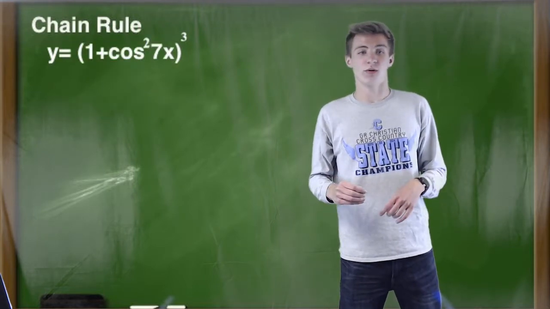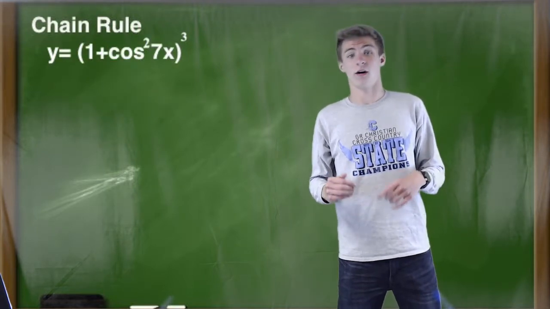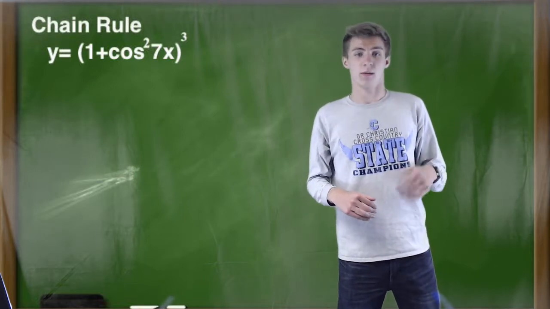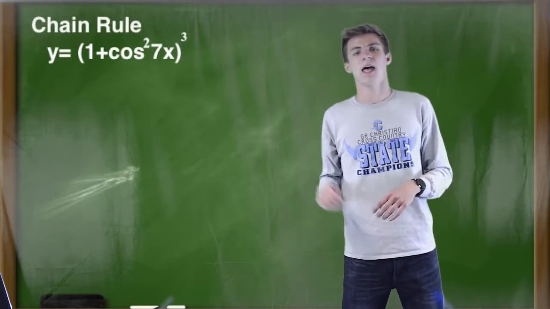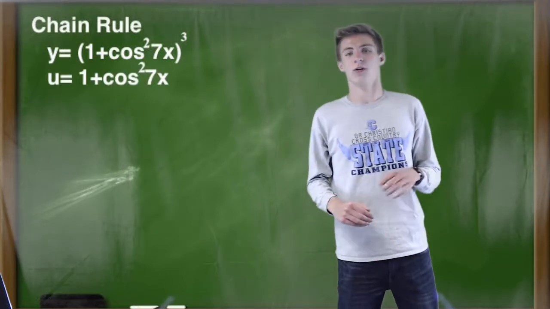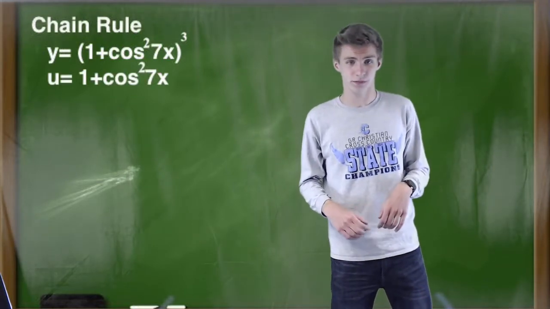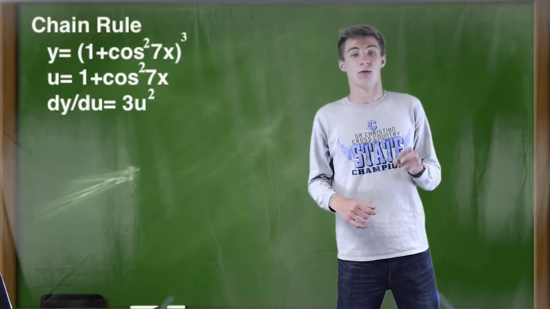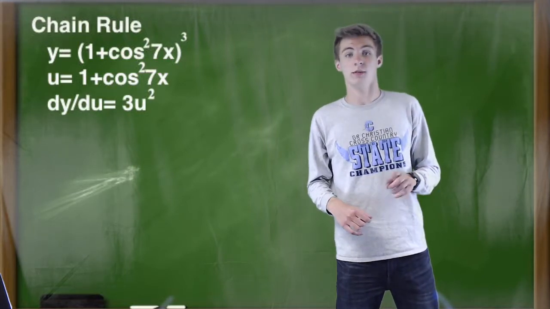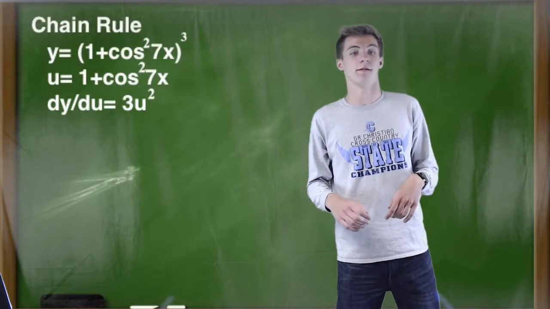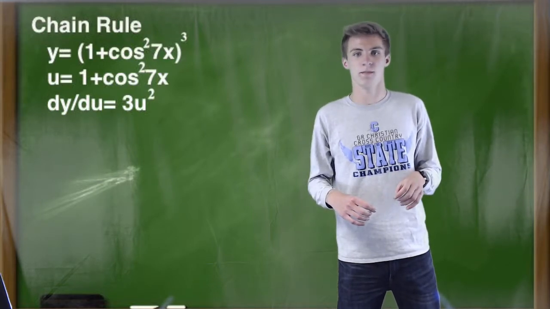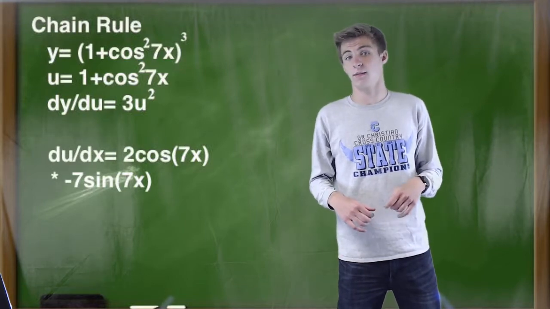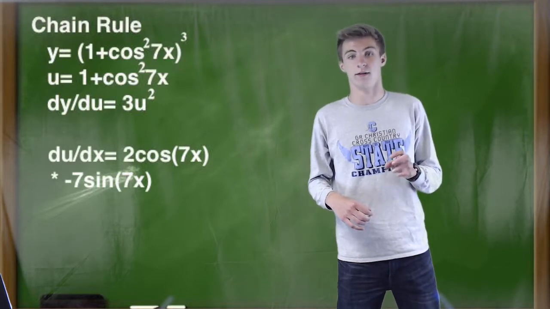Take y = (1 + cosine squared of 7x) cubed, and proceed with u substitution. First, let u = 1 + cosine squared of 7x, and then you get dy/du = 3u². Using the dy/dx = f'(g(x)) times g'(x) rule, we get a du/dx of 2 cosine 7x times d/dx of cosine 7x.